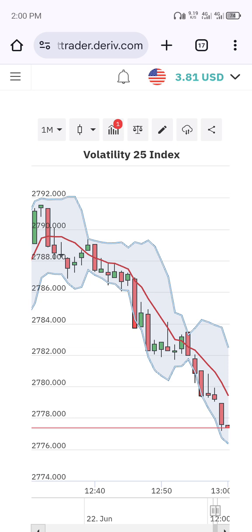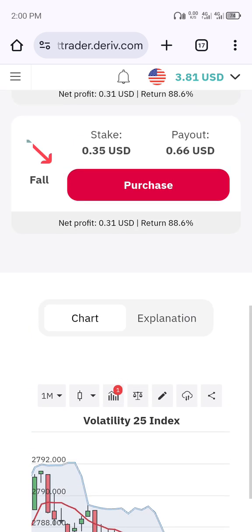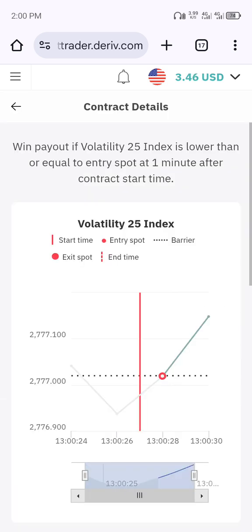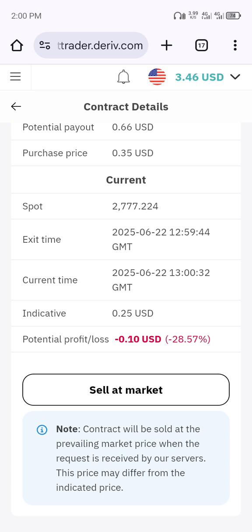We want to see if the trend will still continue so that we can take advantage of it. It's still consolidating there, kind of showing indecision whether to go up or come down. All right, we still follow it by purchasing down, and then we come here to monitor the progress of the trade.